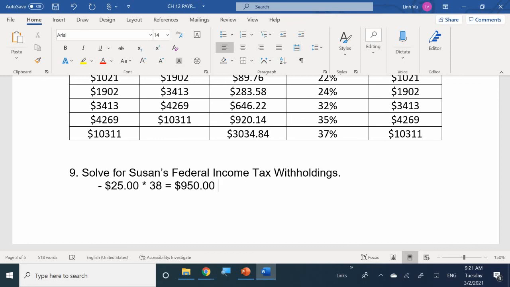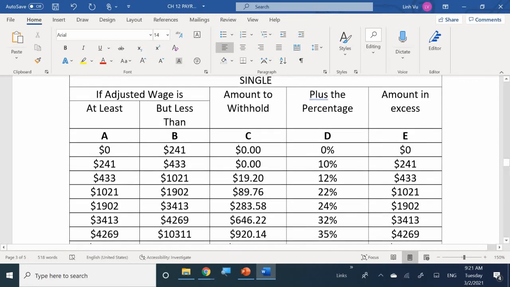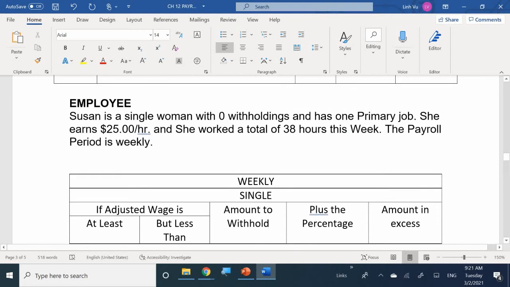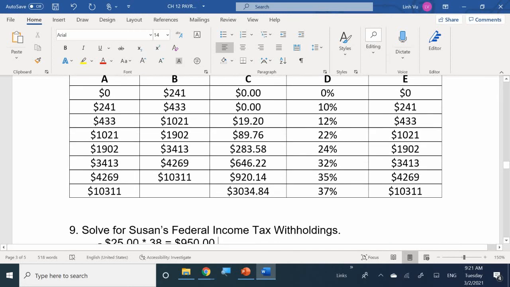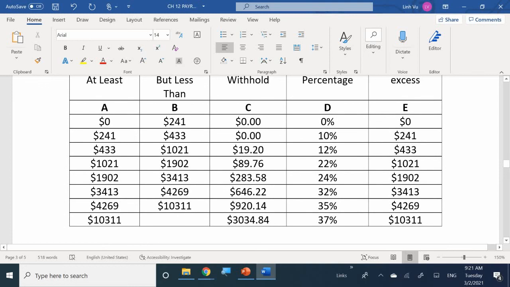So that's her total gross earnings. She has no secondary job, so part 2, part A and part B are eliminated. So this is how much tax she's going to be subject to pay. As you can see, I provided the weekly table for single. So what percentage does she fall under?